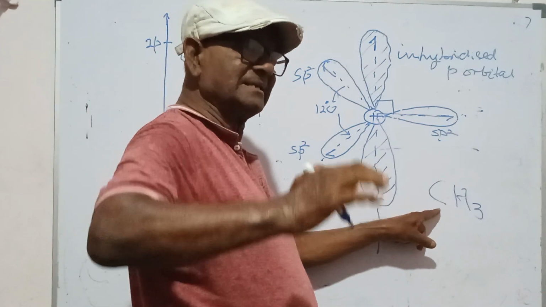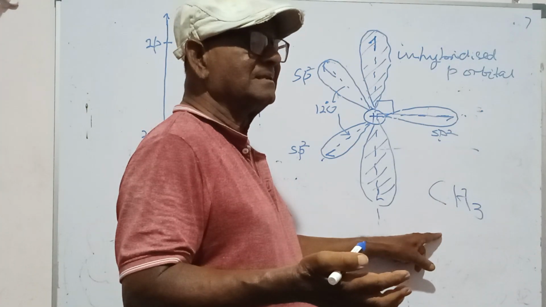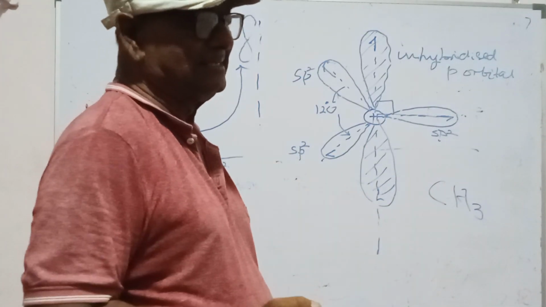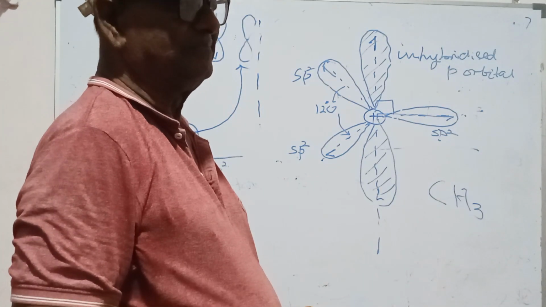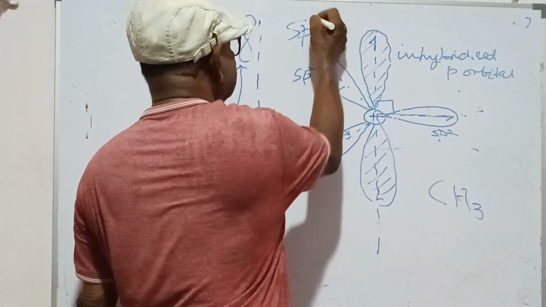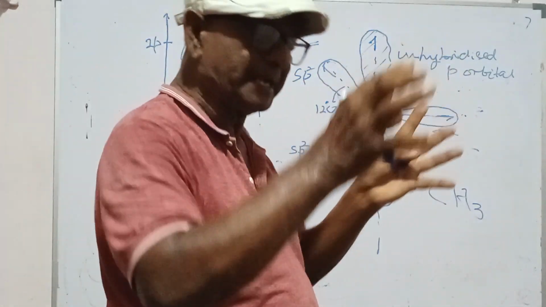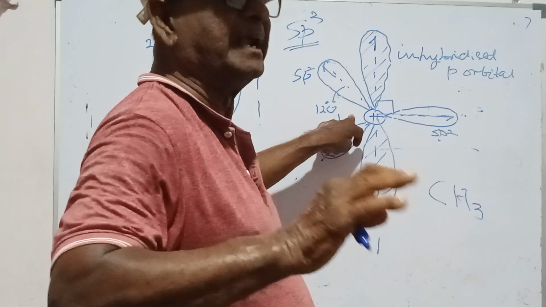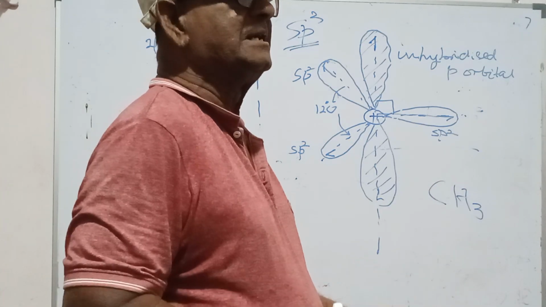So the carbon atom has the idea to fill the outermost orbital with 4 electrons. But now it is unable to complete the octet. That means this is unable to form a compound. Right? Then you must know that an sp3 hybridized carbon atom can form a compound with H atoms for the completion of the octet, but an sp2 hybridized carbon atom is unable to form a compound by itself for the completion of the octet.